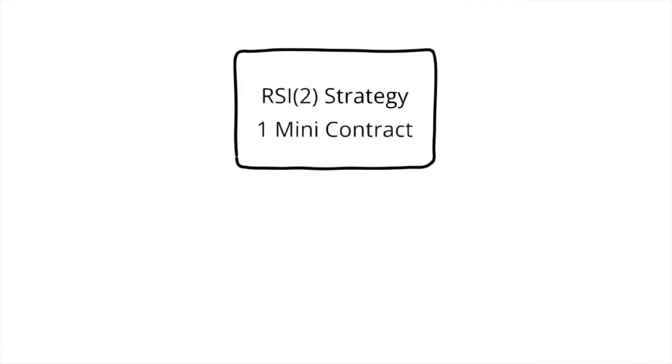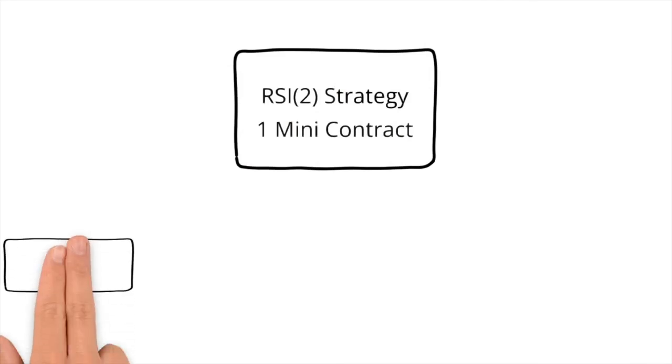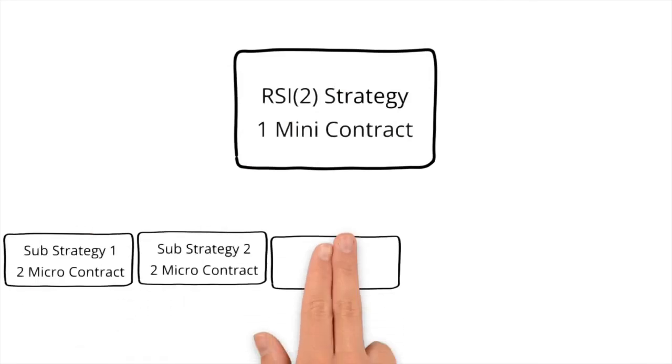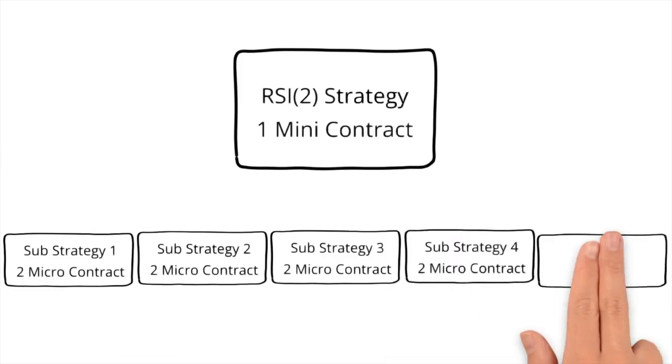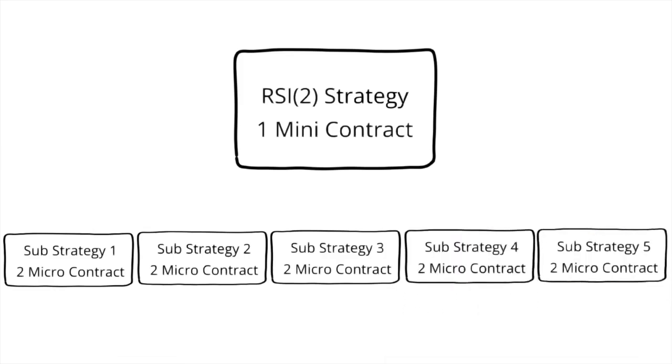With micro contracts, you could instead trade 5 different variations of that strategy, each with 2 micro contracts. The total position size remains equivalent to one E-mini, but now your approach is diversified across multiple system variations. Your overall risk exposure hasn't increased, but you've gained significant diversification benefits.